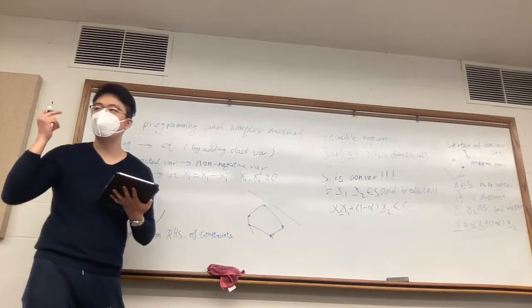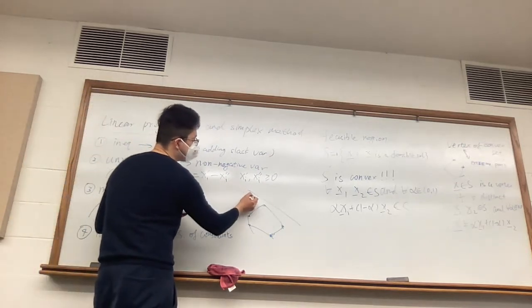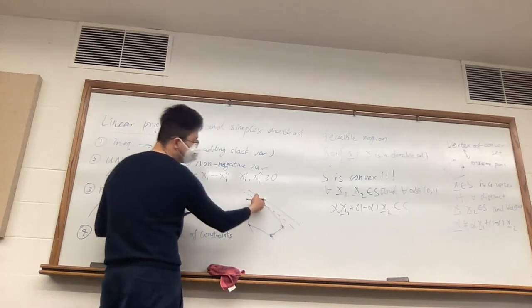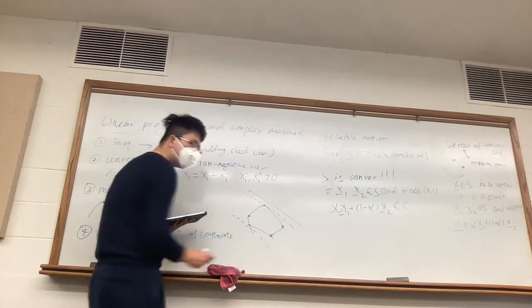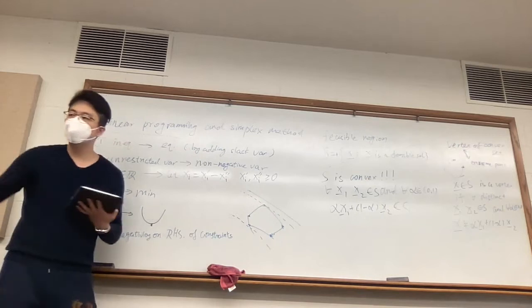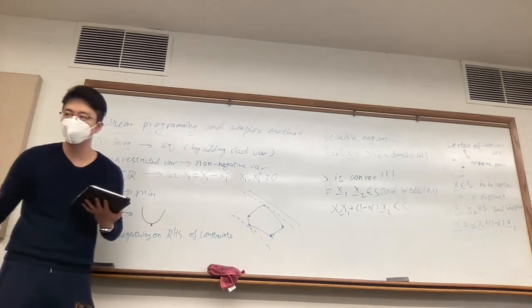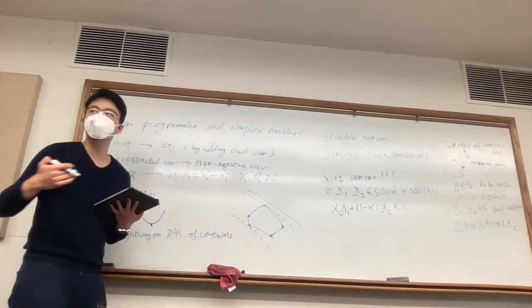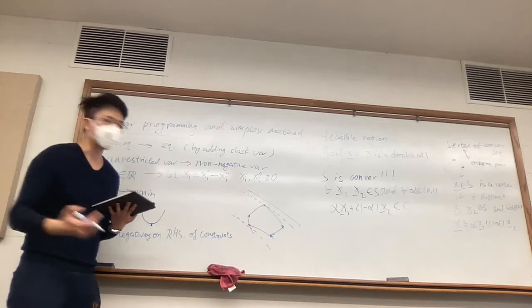Can anybody think of why? Let's just say you want to adjust the intersection of this line with the y-axis. Regardless of whether you want to find a maximum or minimum, as long as your search space, or say your feasible region, is a convex set, then the optimal value must occur in the vertex of it.